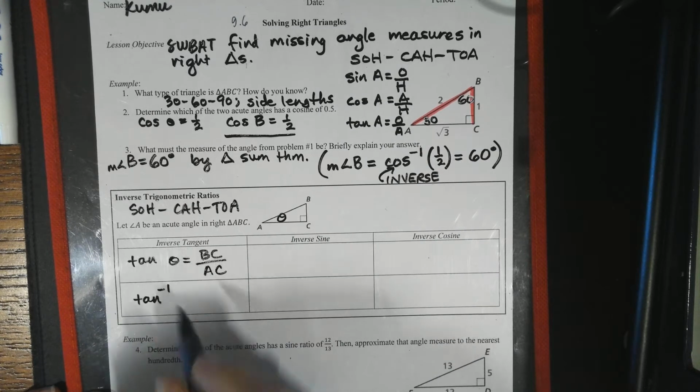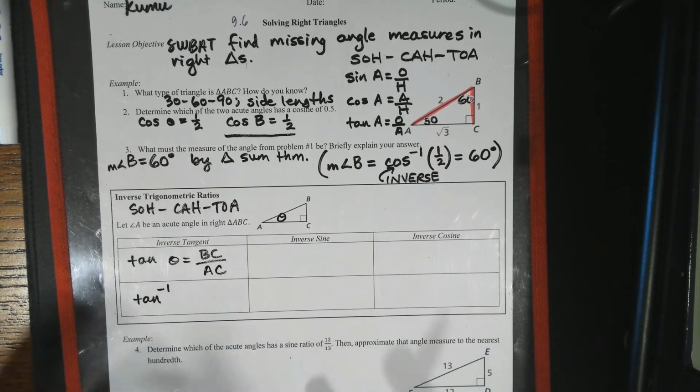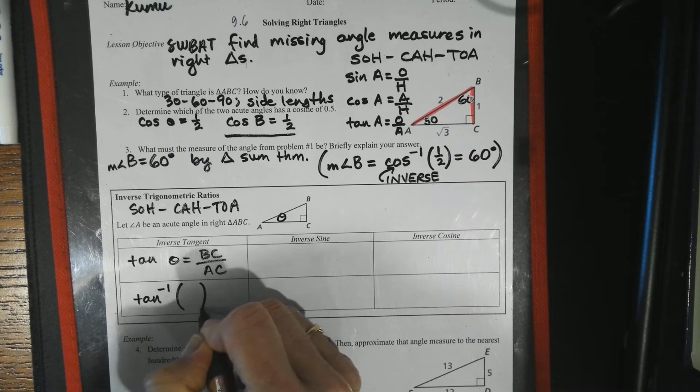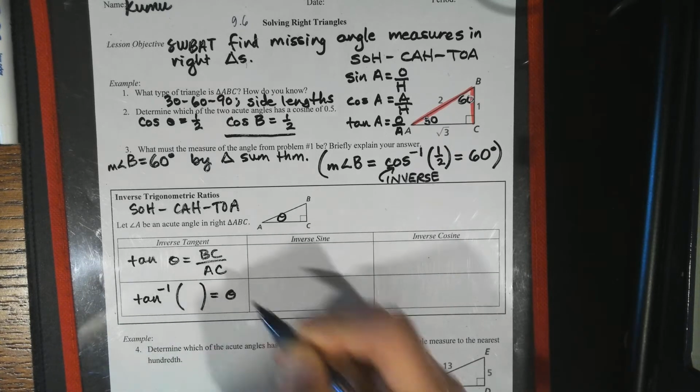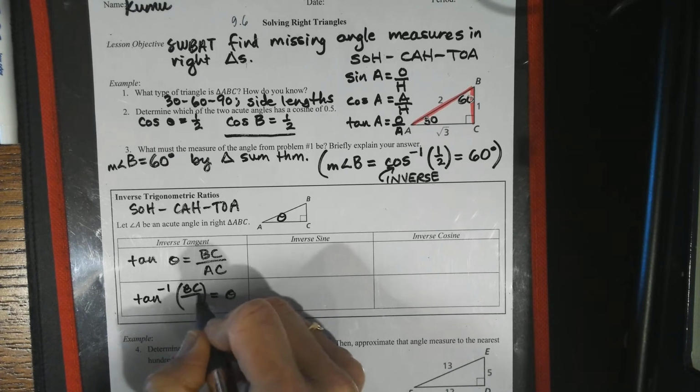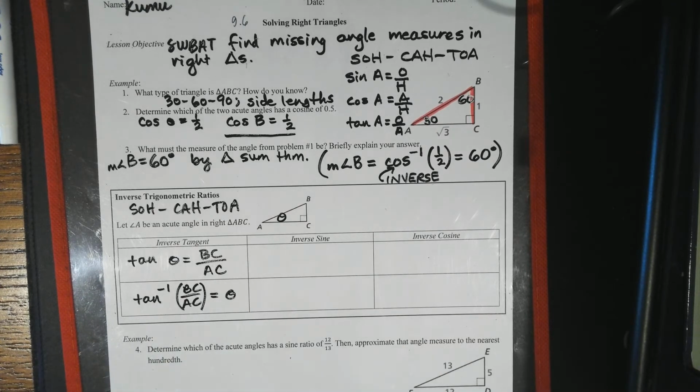I write this little -1, and that means inverse. It doesn't mean traditionally powered, it means the inverse of. The tangent inverse of this ratio is equal to the angle, and this ratio is BC over AC.